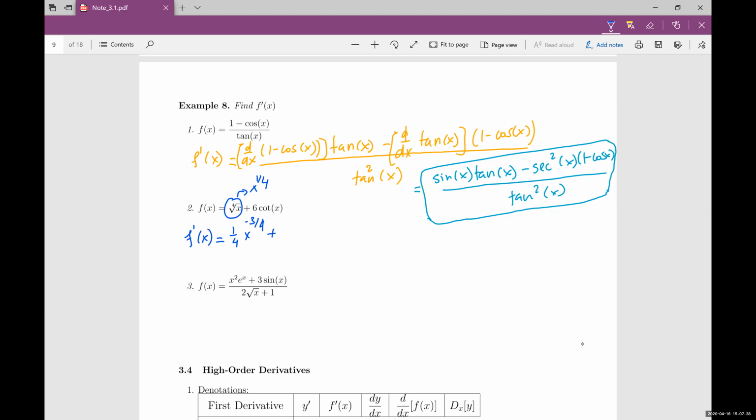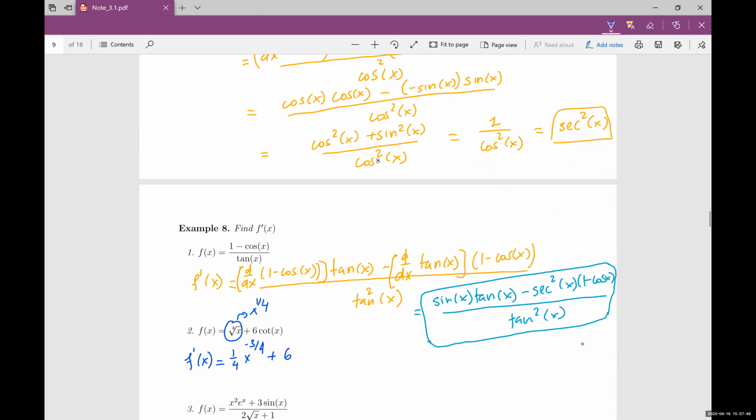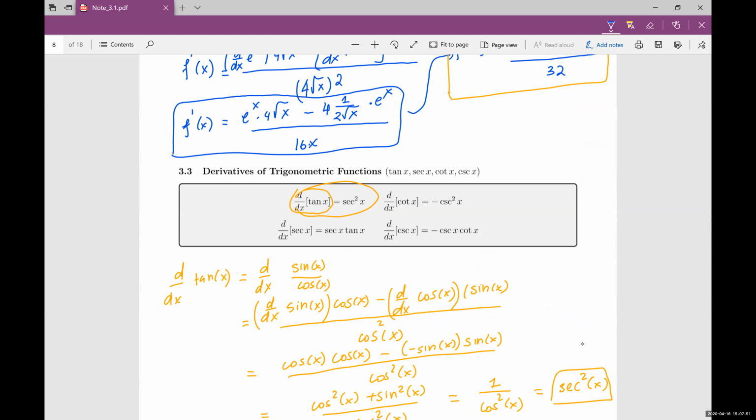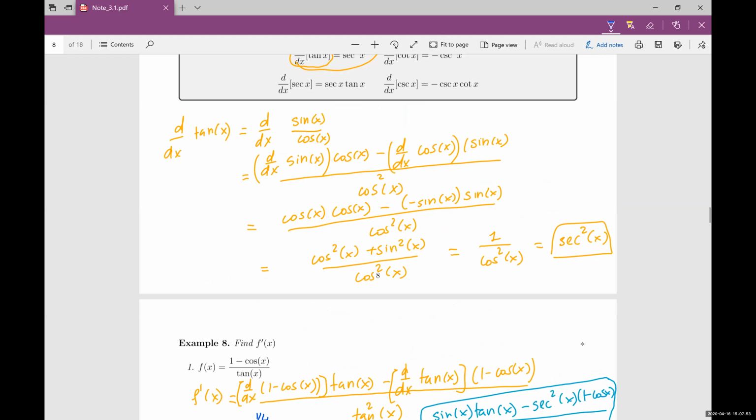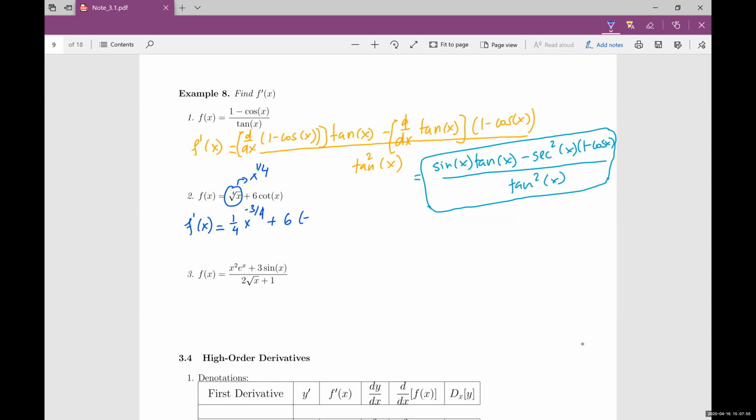Okay, plus 6. What is the derivative of cotangent of x? The derivative of tangent of x is secant squared. Then the derivative of cotangent of x should be negative cosecant squared if you look at this table here. And this should be your answer, right? You can't simplify any further.